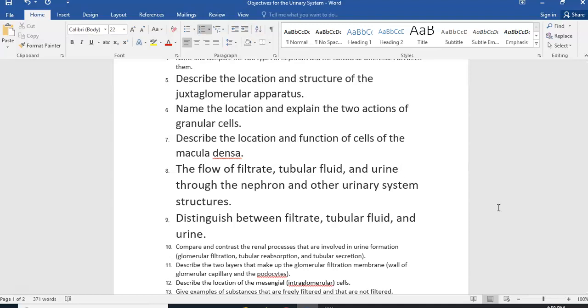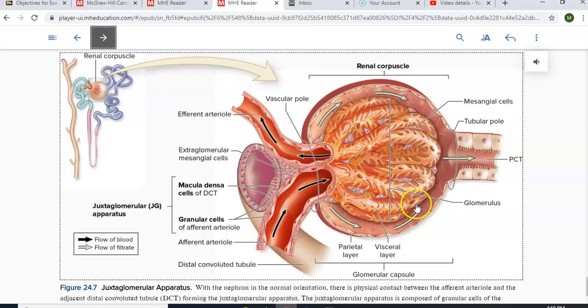But in the kidneys, at our glomerulus, these little capillaries, blood gets filtered out of these capillaries, and then it gets into this space that's between the glomerular capillaries and the Bowman's capsule. And so that fluid in there is called the filtrate.